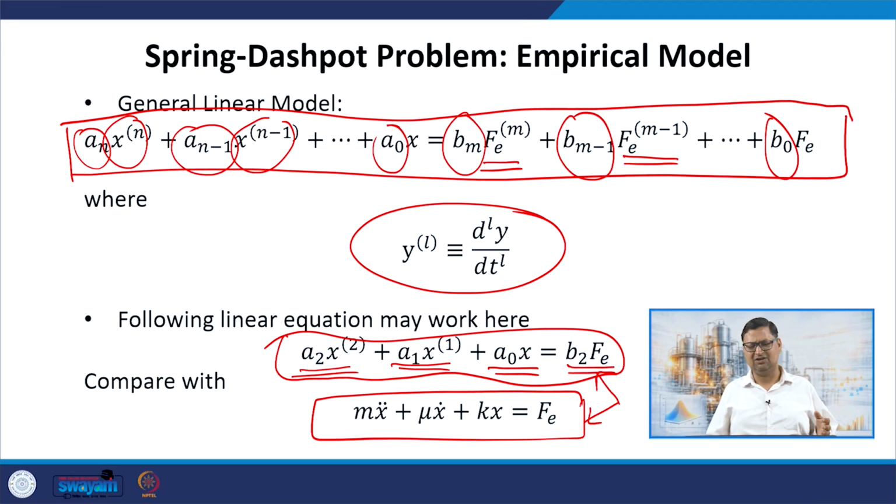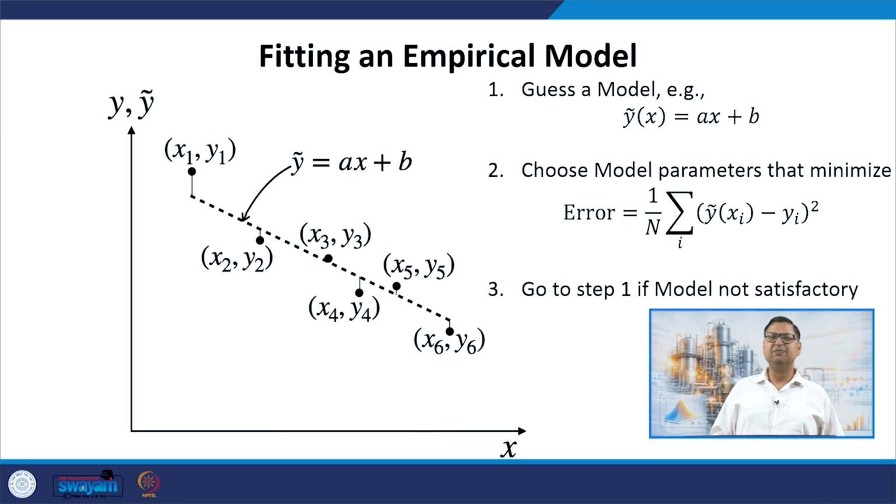It is not necessary, one can get probably a third order differential equation that also works, but what is most likely is we will get by this kind of a fit something similar to whatever we have got from Newton's second law. So, then we do have an empirical model and we will fit it and we will get these parameters in this particular model, right. So, I am giving an example of a simpler model to begin with for a different problem, not the same problem, just to demonstrate the idea of what we are trying to do, right.